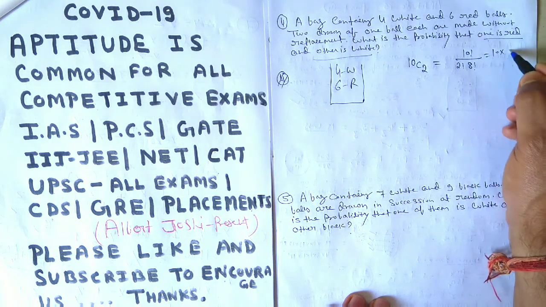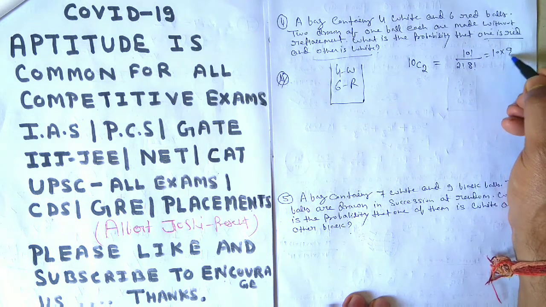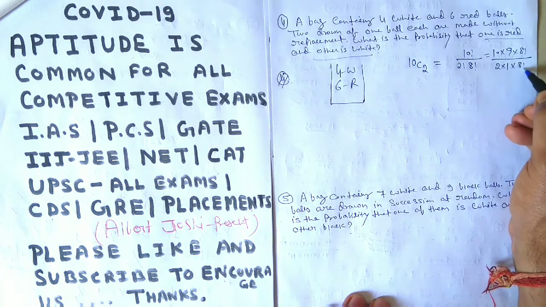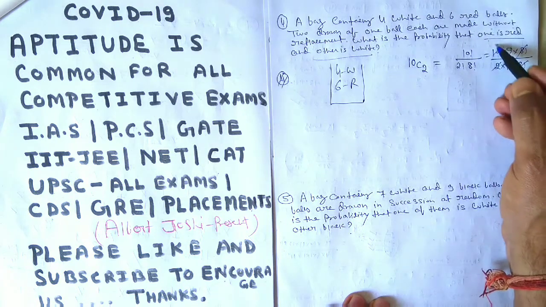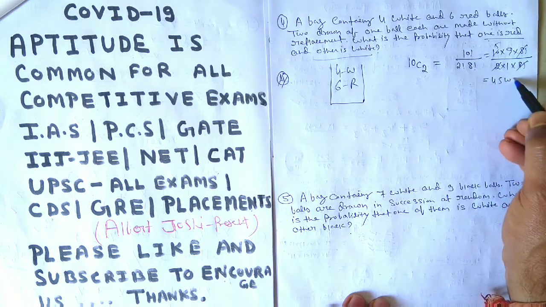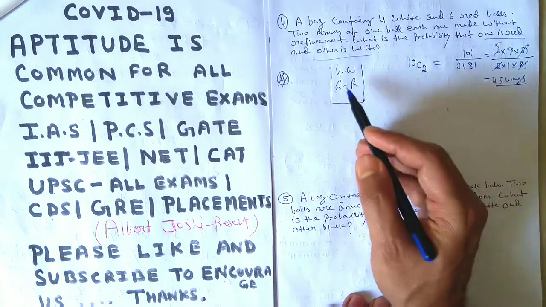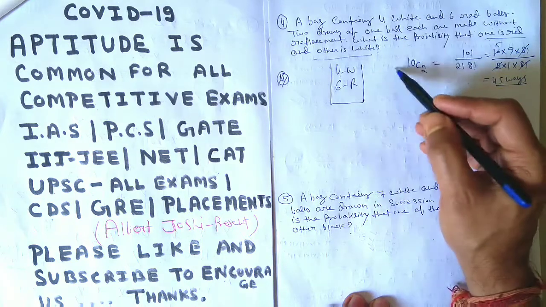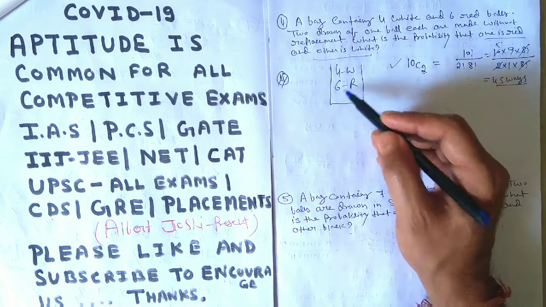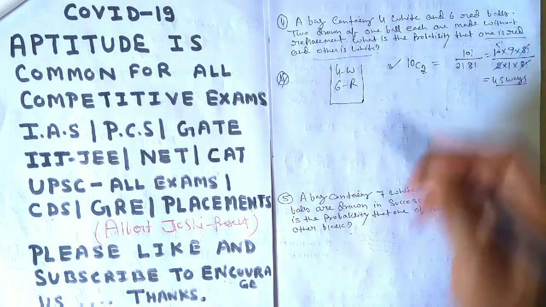So it means 10 into 9 into 8 factorial upon 2 into 1 into 8 factorial. Both cancel. 2 5s are 10 and 5 9s are 45 ways. If there are no restrictions, then your answer is this. You have to draw 2 balls out of 10 balls. So this is the sample space.